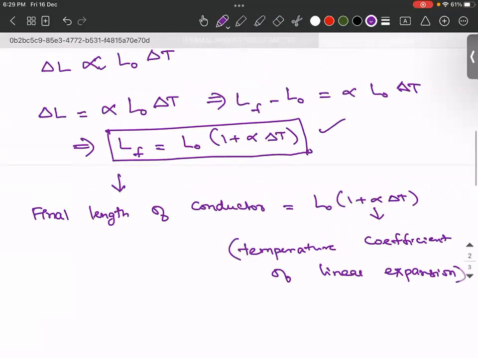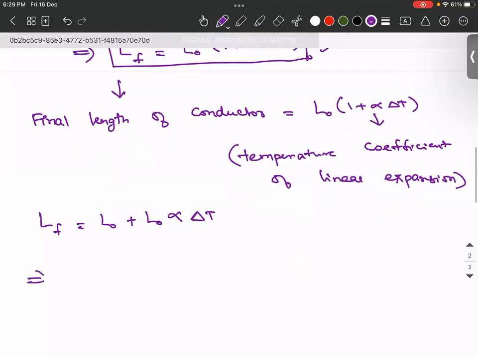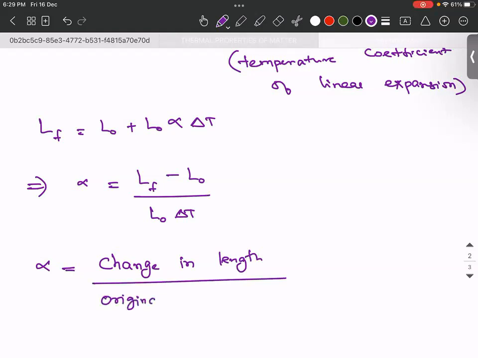Okay. Now, how can I write this alpha? If I rearrange, since L final is equal to L naught plus L naught into alpha delta T, what can I write this value of alpha as? It is L final minus L naught divided by L naught into delta T. So alpha can be written as change in length divided by original length into change in temperature.